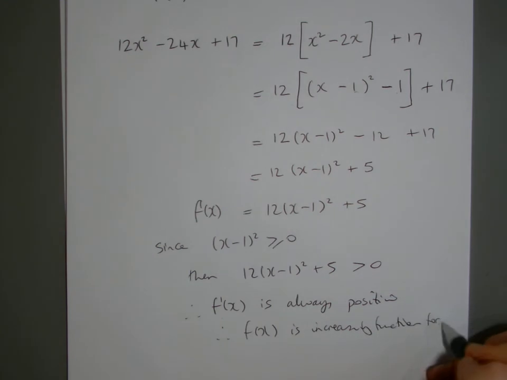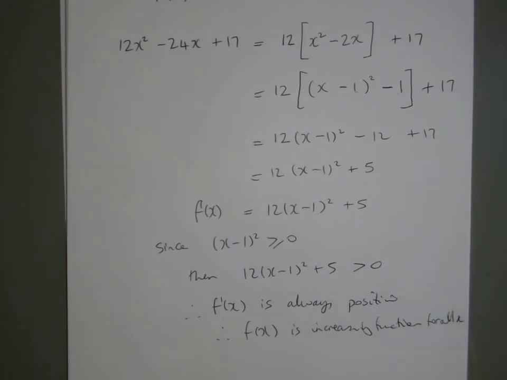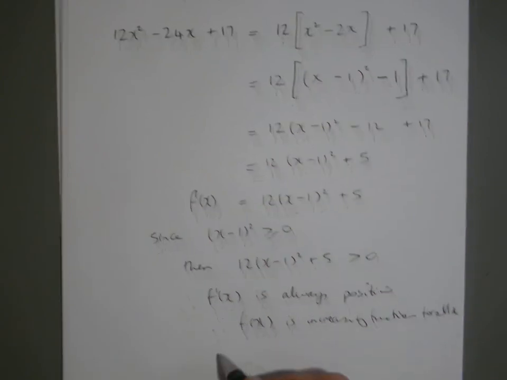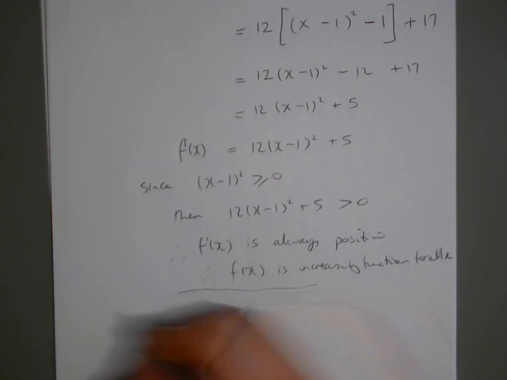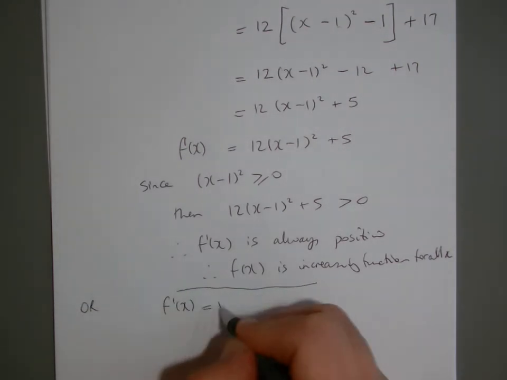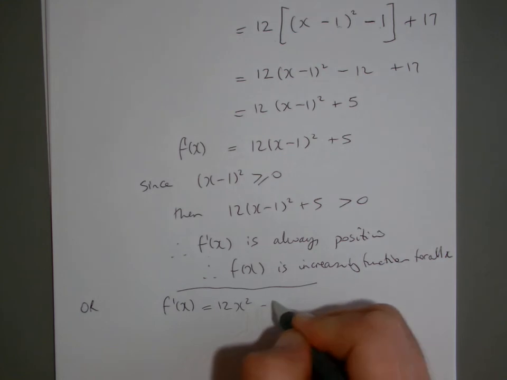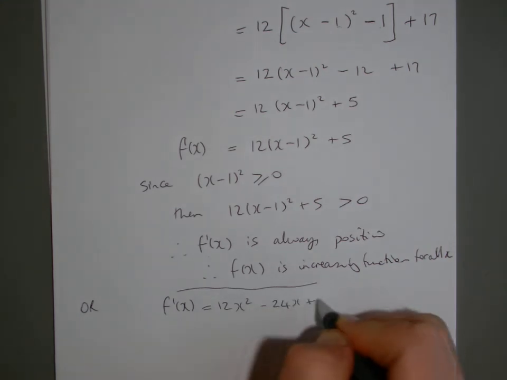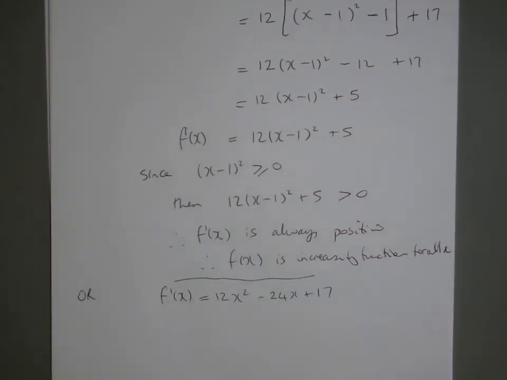therefore f of x is always an increasing function for all x. Okay, now there is another way you could have done this. Rather than completing the square, the alternative method was to take f dash of x, look at that there, and appreciate that we want this to be positive always. So in other words, it can't equal 0.